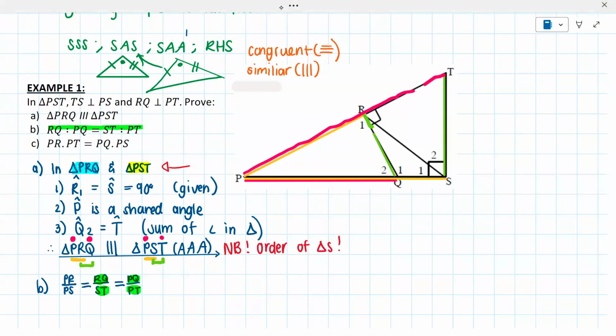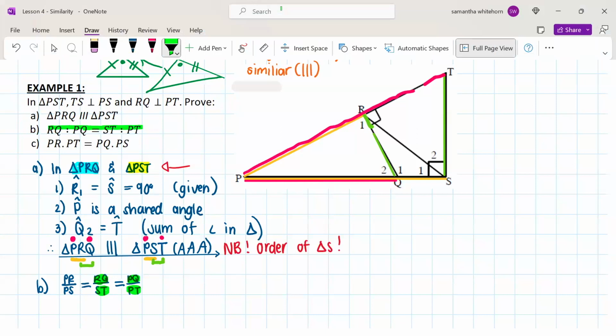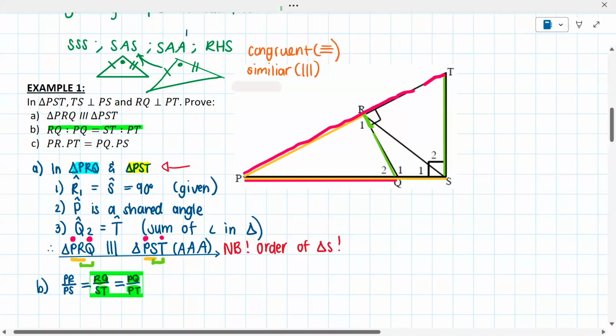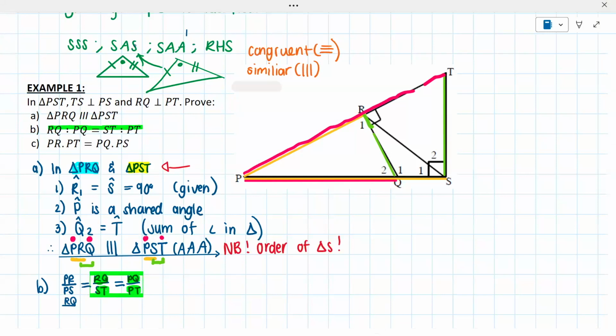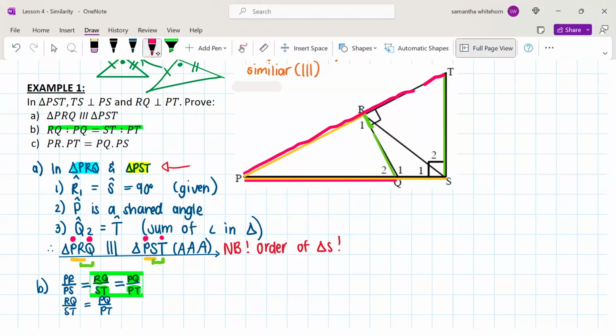So in this case, I'm actually only wanting to work with the last two ratios here. Those are the only ones that concern me for this particular question. So I am working with RQ over ST is equal to PQ over PT. Now have a look at what the ratio is actually saying to us in the original question.